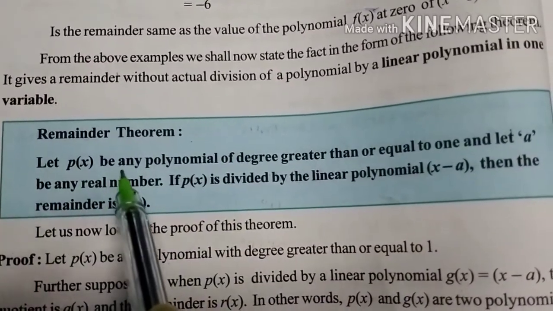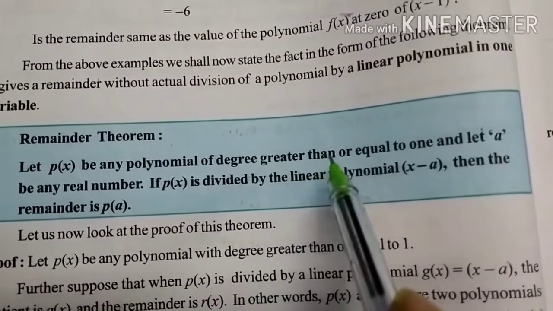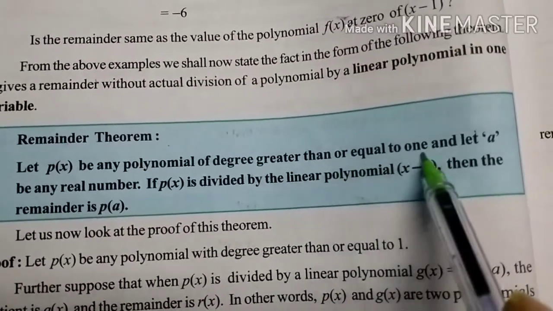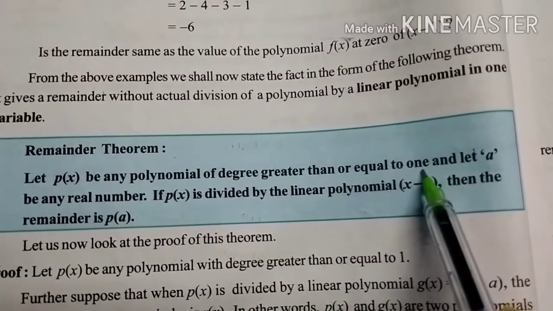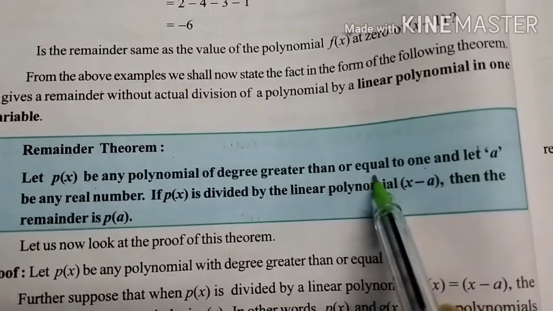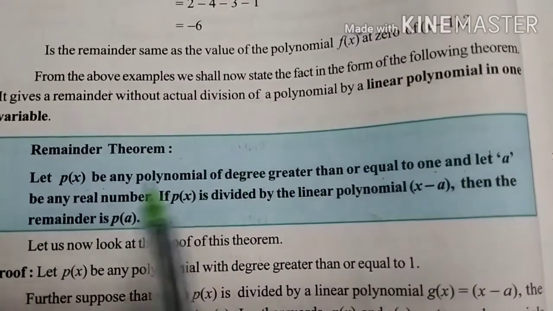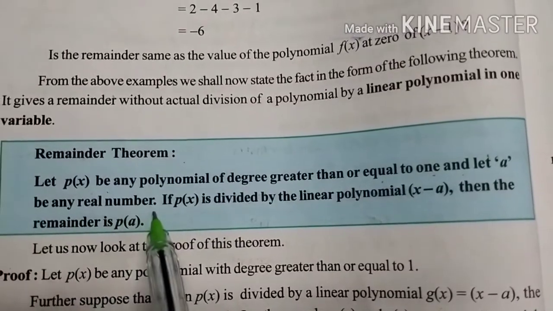Let p of x be any polynomial of degree greater than or equal to 1. The degree of p of x is equal to 1 or greater than 1. And let a be any real number.